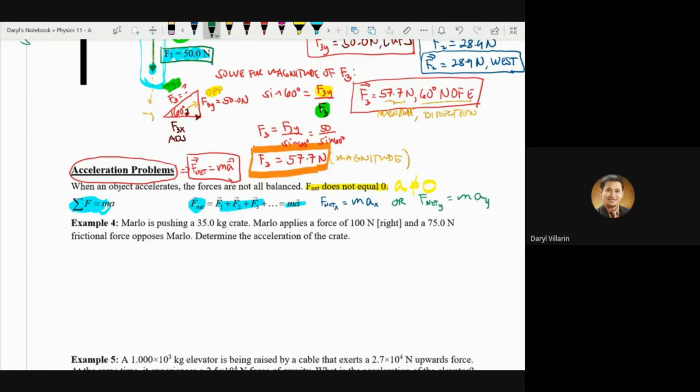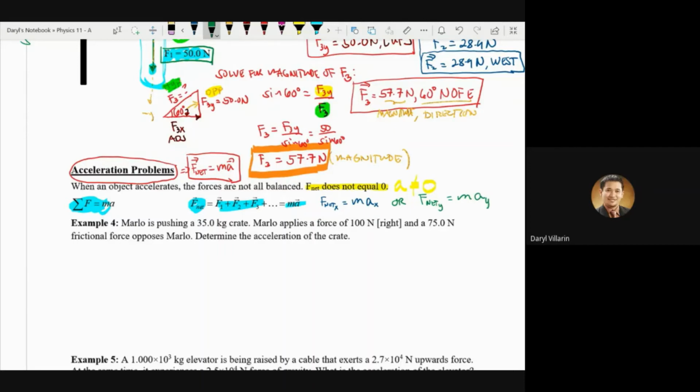Mostly the motion is just along a single axis. However, for two-dimensional motion or two-dimensional forces, you can break it down also to the net force along x and the net force along y.